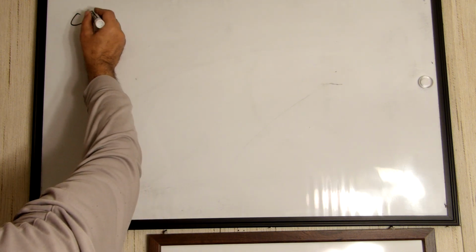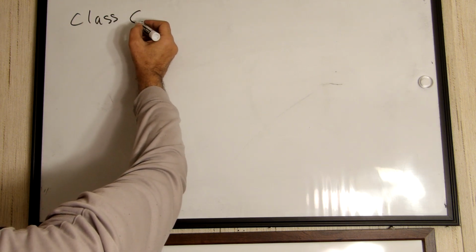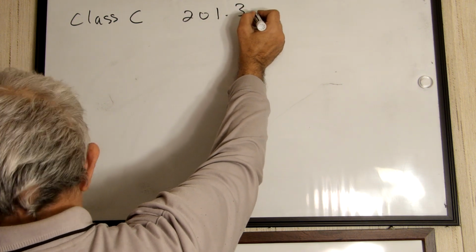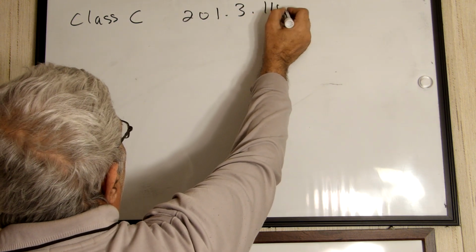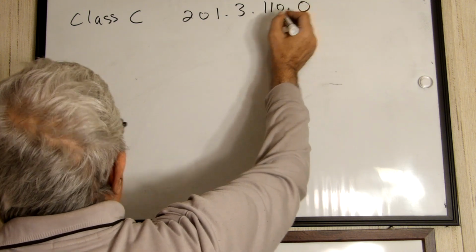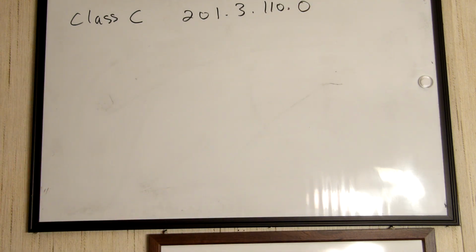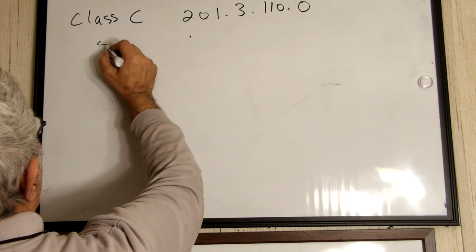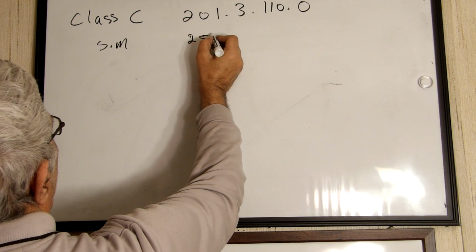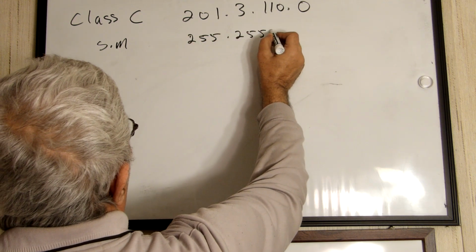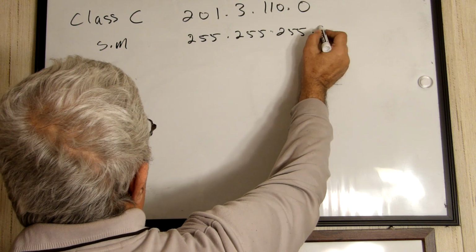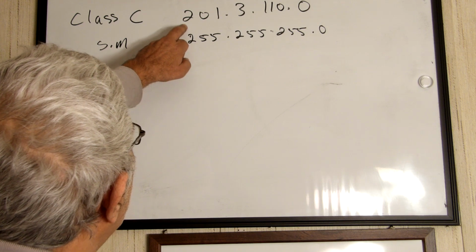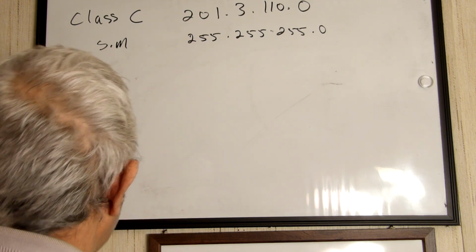You have a class C, for example 201.43.110.0. This is the network address, and this is class C. So the subnet mask is going to be 255.255.255.0. When you see something like that, it's over 192, so it's in class C.